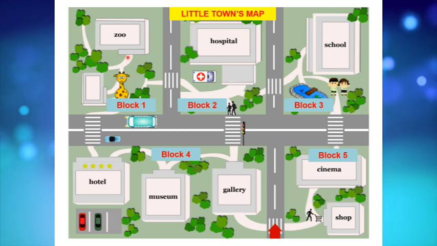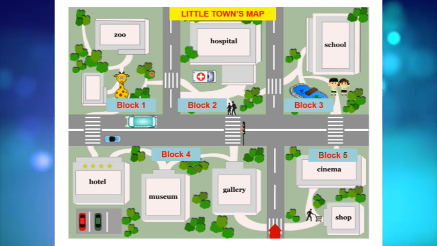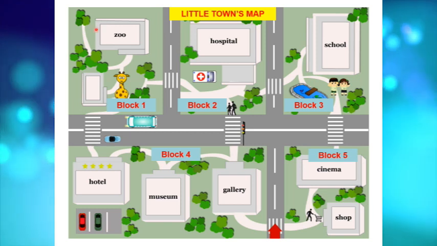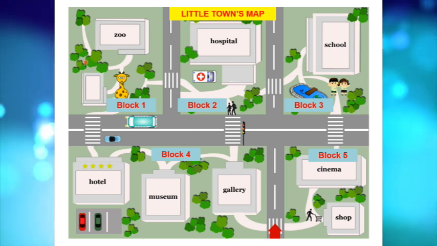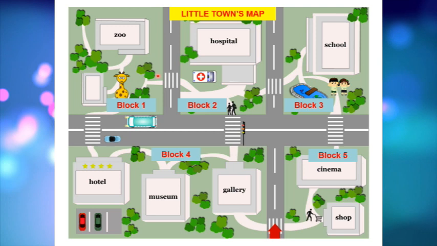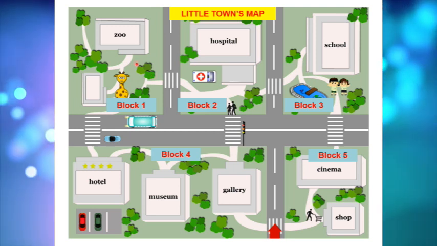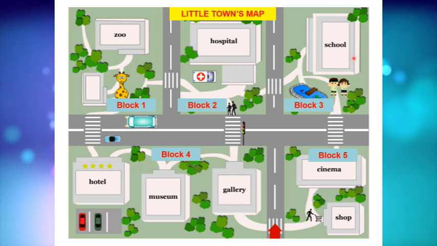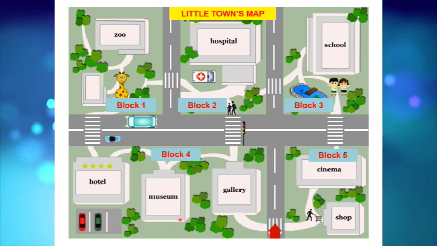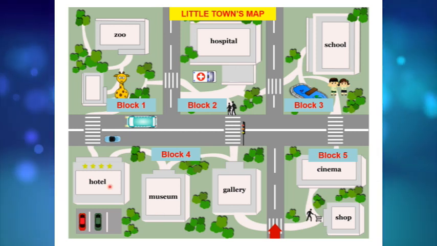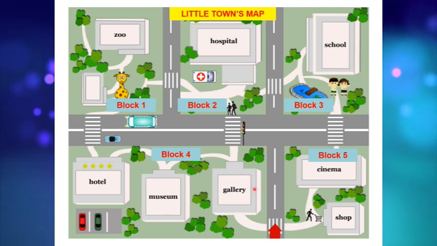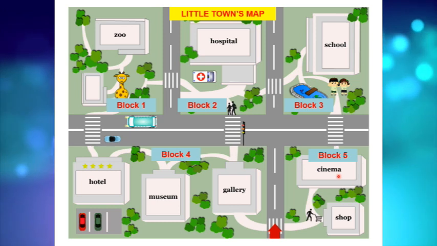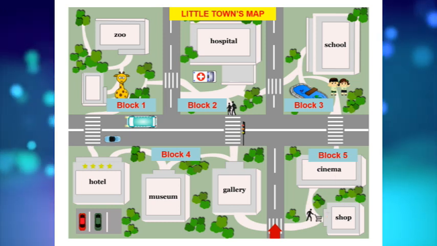Like we have a zoo. So in block 1 there's only one establishment or one building or one place where people have to go. Like we have a zoo here. Here we have hospital. Here we have school. And here, in block 4 we have hotel, museum, and gallery. And in block 5 we have cinema and shop.